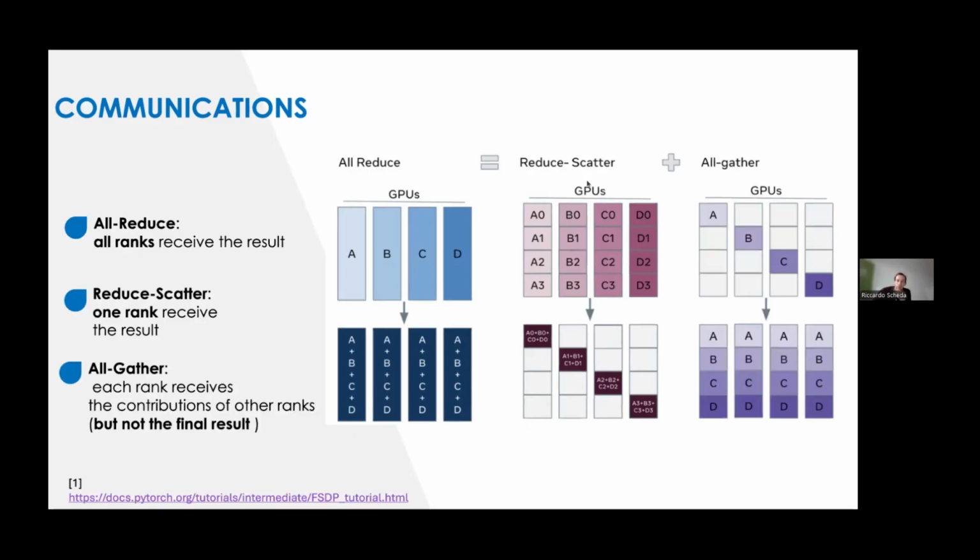And then we have also the all gather function, in which each rank receives the contribution of the other ranks, but not the final result, in the sense that each GPU will end up with the same content, but not summed. So in the first GPU we will have all of the parts from the GPUs, but not summed up. Okay, so we have done this little recap, and we will see how Fully Sharded Data Parallel works.